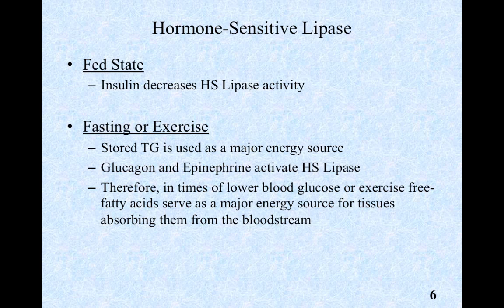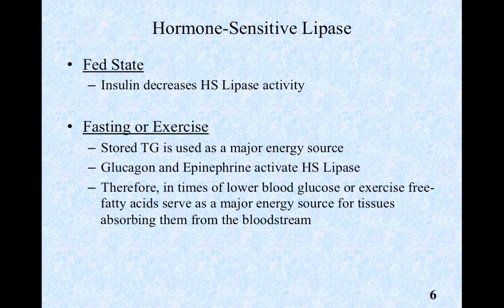Glucagon is released from pancreatic alpha cells when blood glucose is low. Epinephrine is released from the adrenal glands during physical activity, so physical stress or emotional or psychological stress. Epinephrine can go up, and those both activate hormone-sensitive lipase. So glucagon's main focus is to increase blood glucose. Epinephrine is to generate energy sources for tissues that need it.